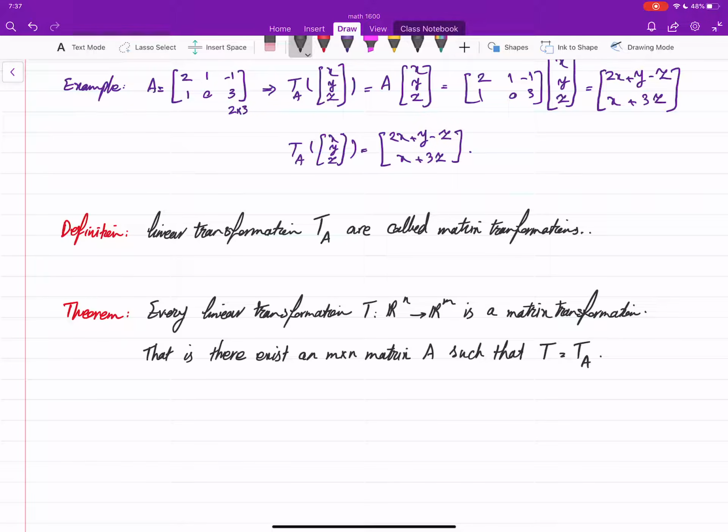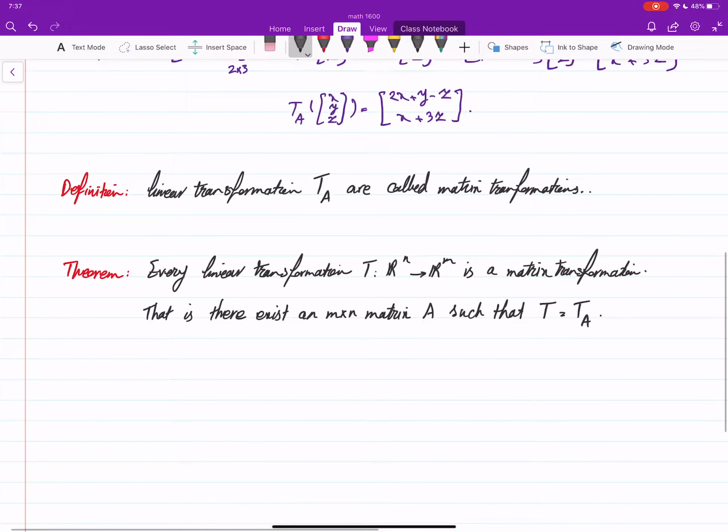How do we find that matrix? We are going from Rn to Rm. Take the standard basis for Rn, E1 up to En.